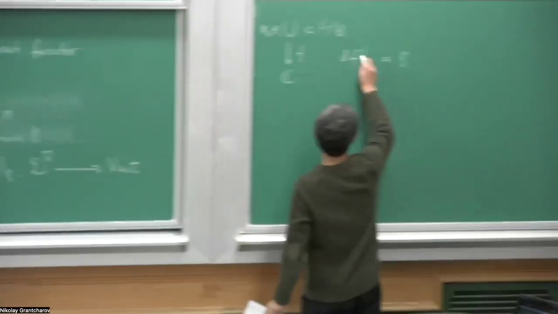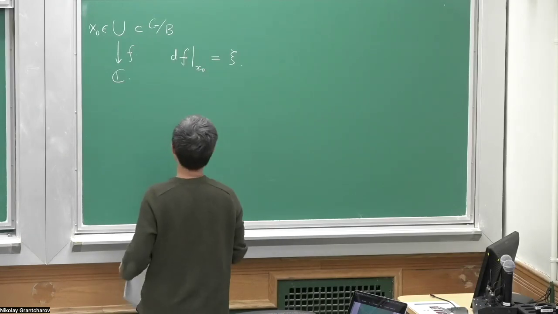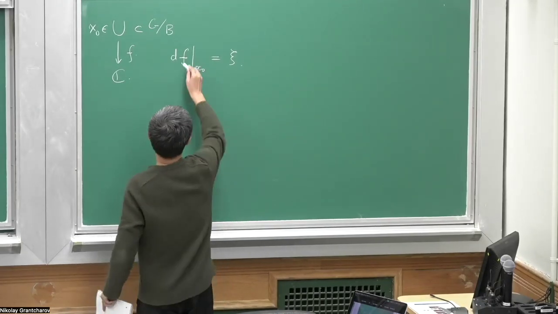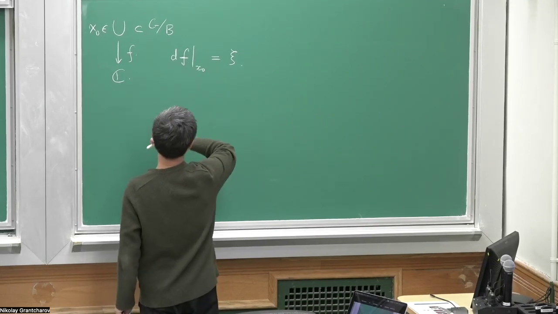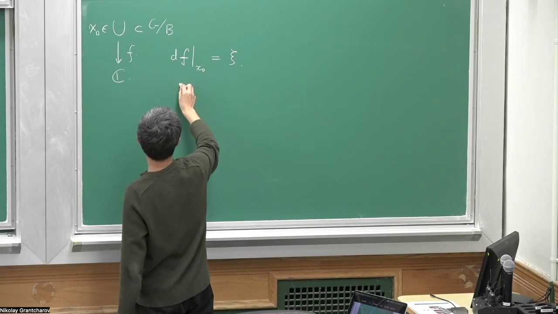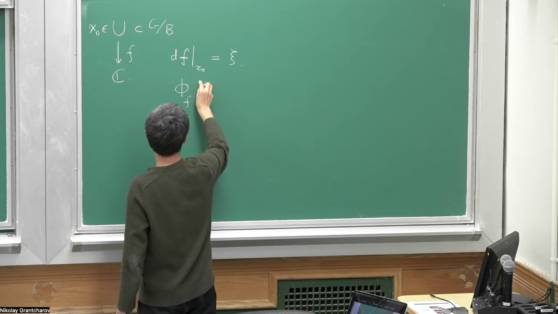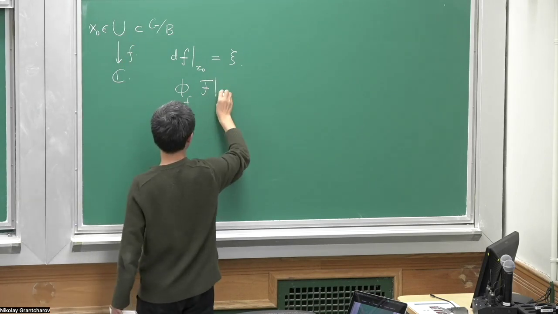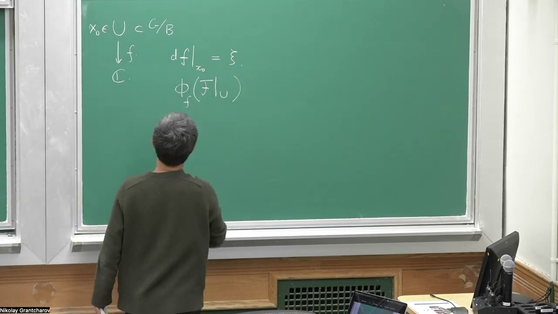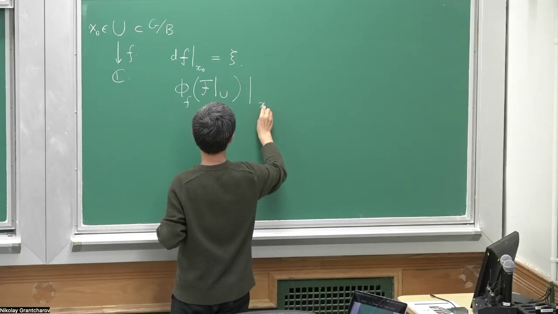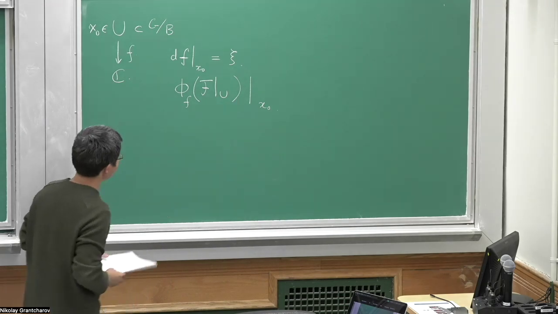And it has to be generic enough. So let's ignore those technical conditions. And then you take the vanishing cycles of your sheaf with respect to this function. So first restrict to this open neighborhood of the point, take vanishing cycles, and then just look at what happens at x0.